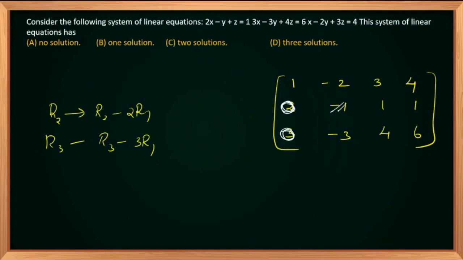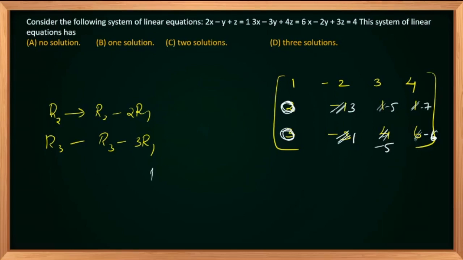Okay, so this will turn out to be 3. Minus 3 plus 6. So this will turn out to be 1. 1 minus 6, right? So that is minus 5. 4 minus 9, that is minus 5. 1 minus 8, that is minus 7. 6 minus 12, that is minus 6.